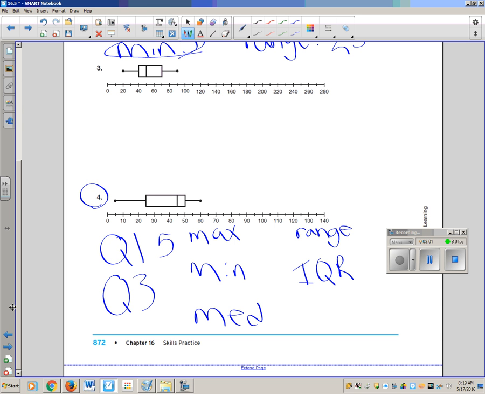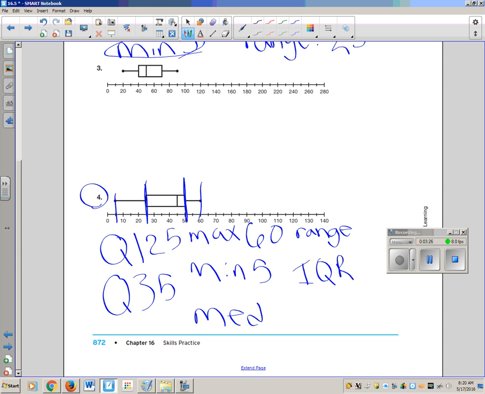If you need to count, that's okay. Oh, I did that wrong. This is the minimum, which is 5. This is the maximum, which is 60. And then this is quadrant 1. This is quadrant 3, which is 25 and 50. So then the median is 45.